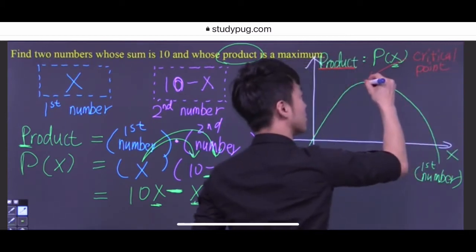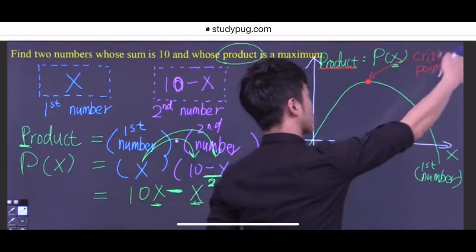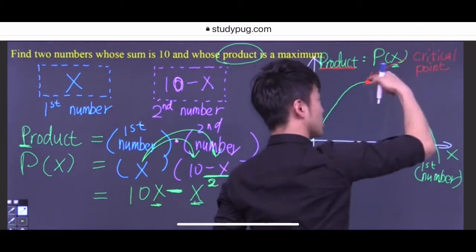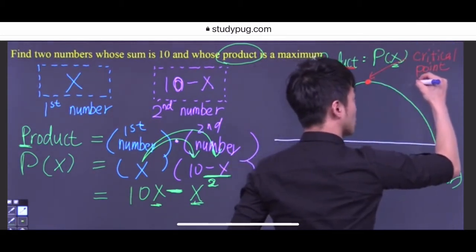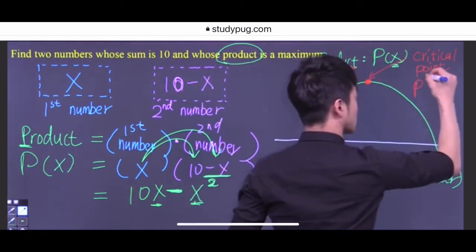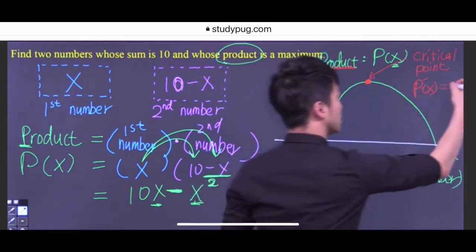A local maximum always occurs at critical points. In this case, this is the critical point where the derivative of the product function is equal to 0.